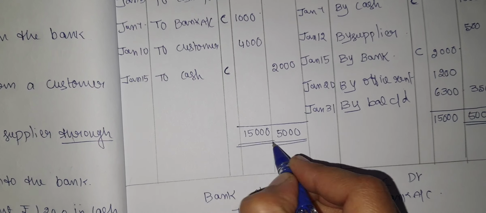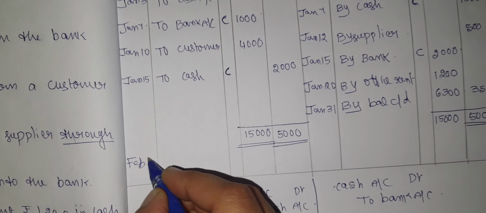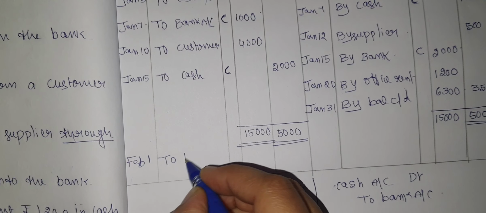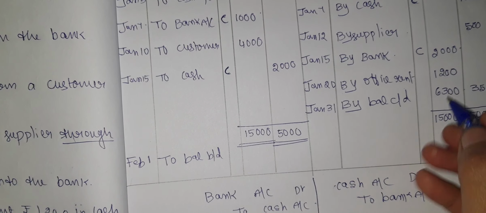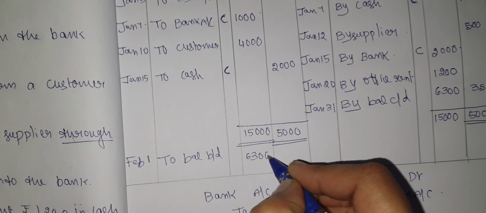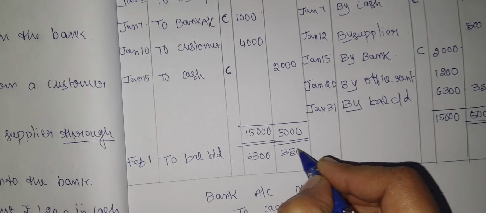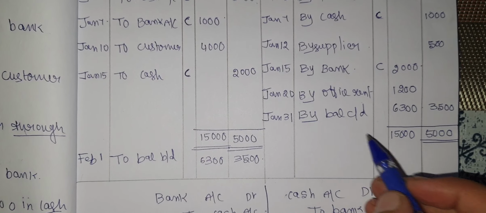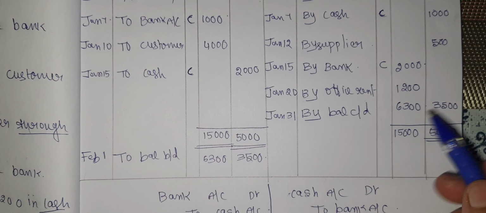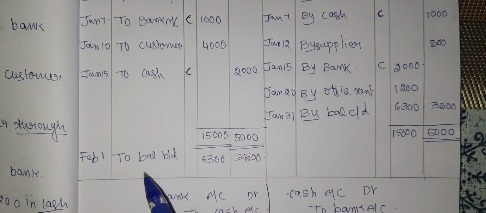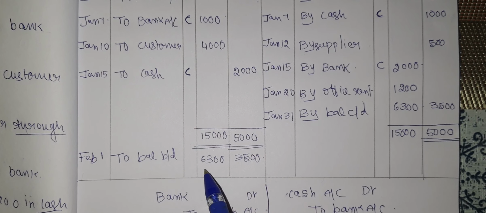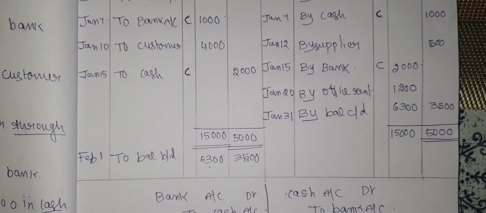Now February 1st, to balance brought down, that is rupees 6,300 and 3,500. If we write down the by balance carried on in the credit side or at any side, on the opposite side we have to write to balance brought down, that is rupees 6,300 and 3,500.